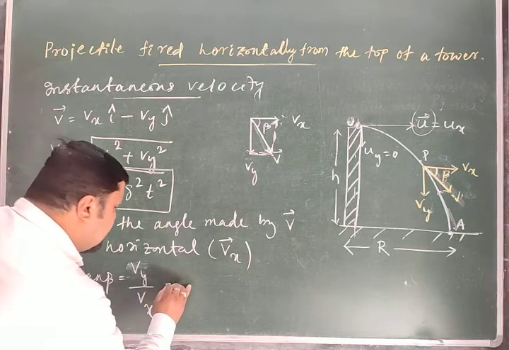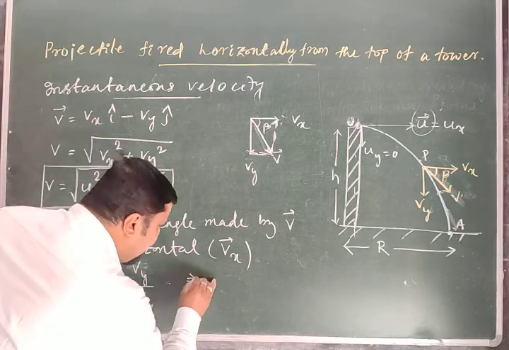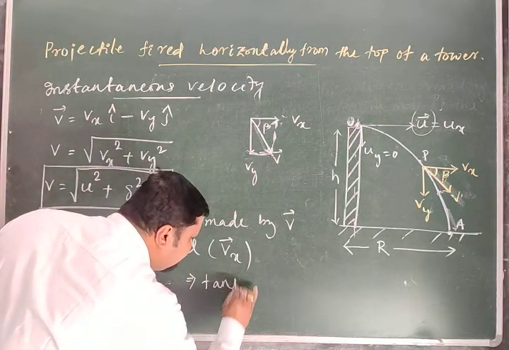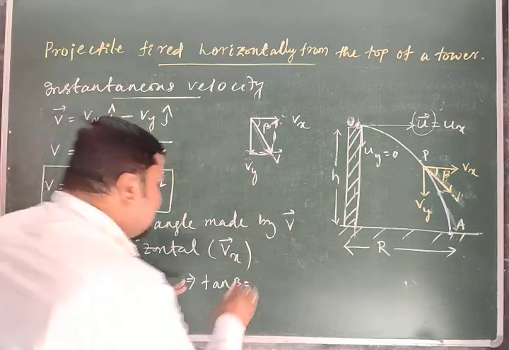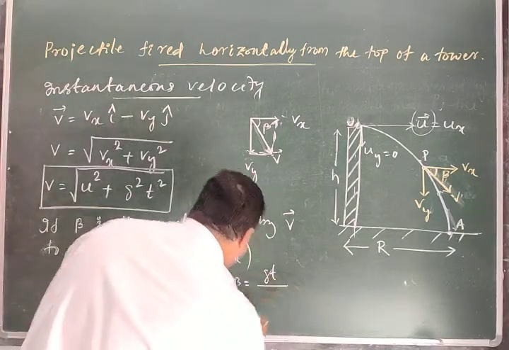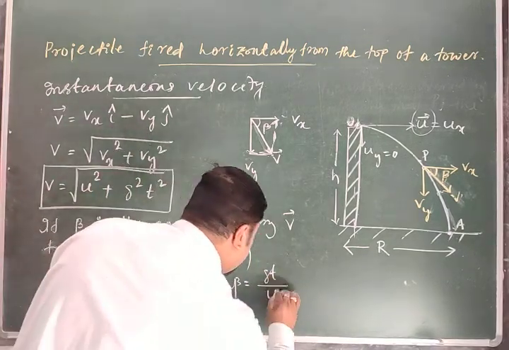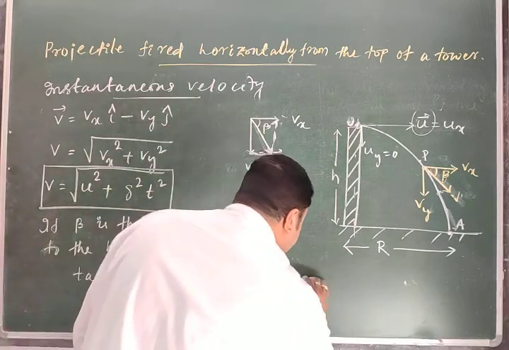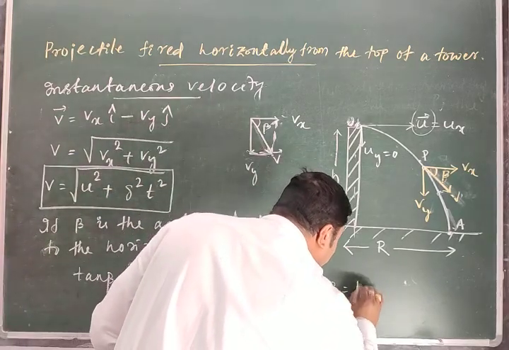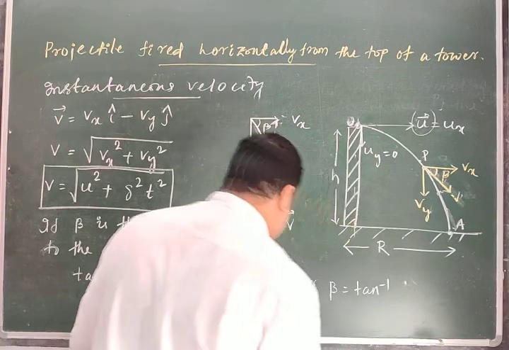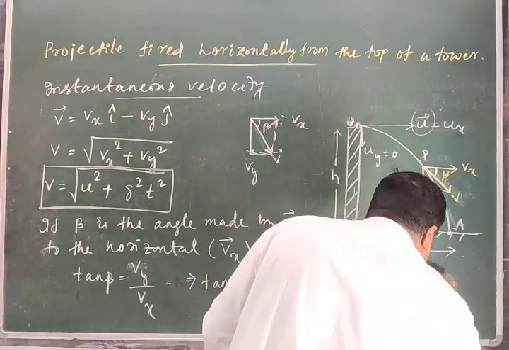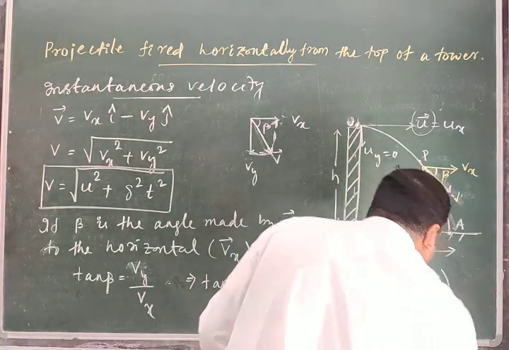So this implies tan beta is equal to, what is vy? That is gt, and vx is u. So beta is equal to tan inverse of gt by u.